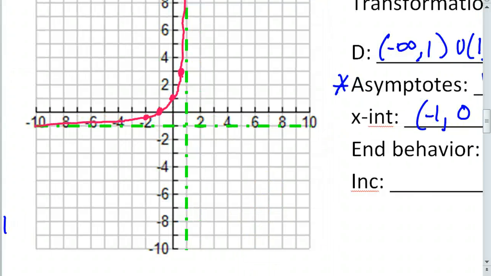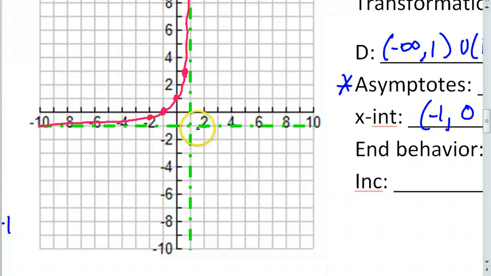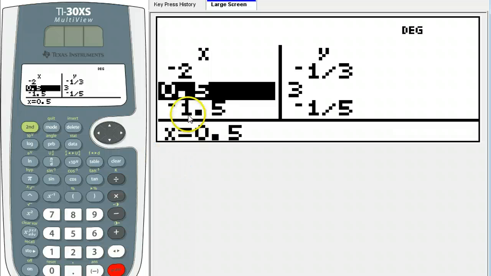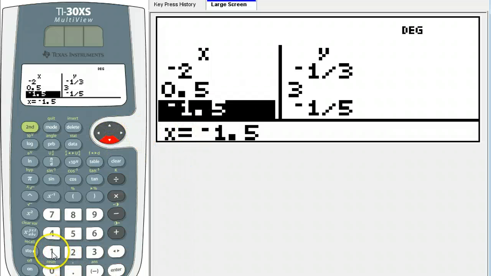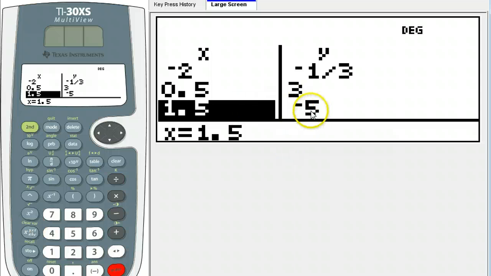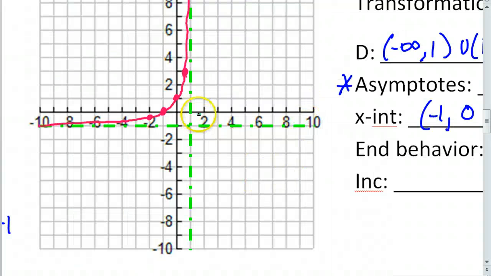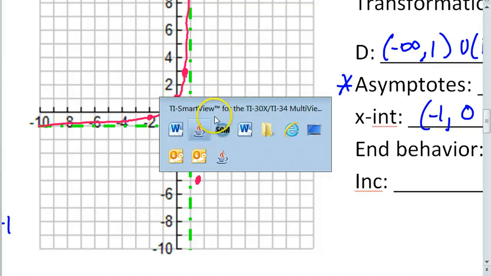Okay, and let's see. While I'm at it, let me check out 1.5 because I want that decimal. At 1.5, I'm at -5, so that would be... 3. Okay. And I'm going to check out 2 and 3.